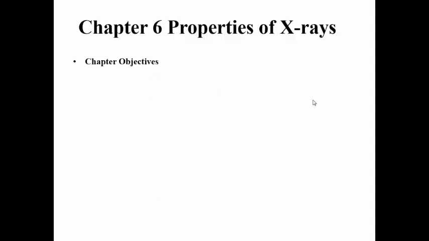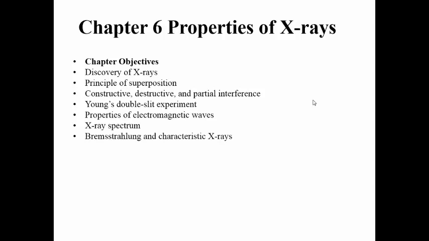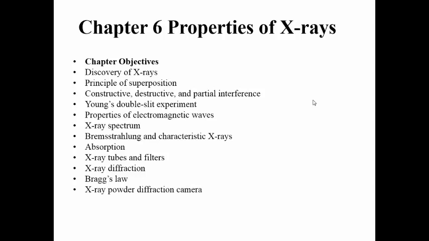Okay, the chapter objectives are to discuss the discovery of X-rays, the principle of superposition, constructive, destructive, and partial interferences, Young's double slit experiment, the property of electromagnetic waves, X-ray spectrum, Bremsstrahlung and characteristic X-rays, absorption and X-ray tubes and filters, X-ray diffraction, Bragg's law, the powder diffraction camera, and finally the synchrotron.